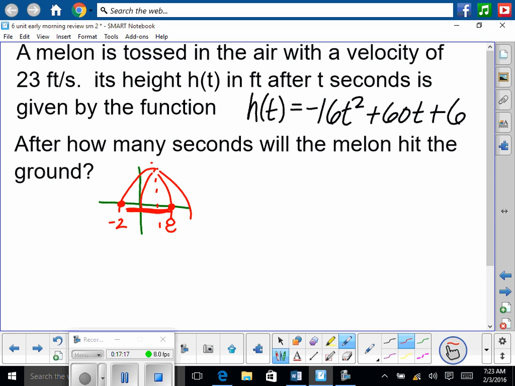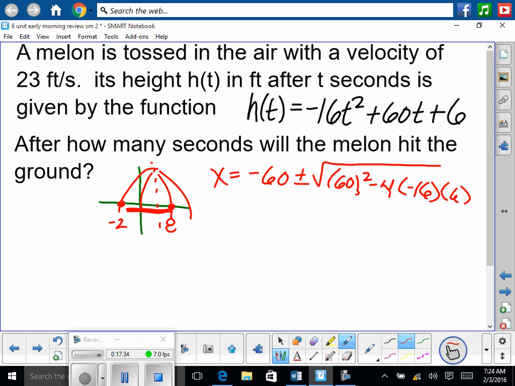But these answers are going to come out hideous. So maybe you'll use the quadratic formula. So x equals -60, right? Opposite of b. Plus or minus the square root of b squared. So 60 squared minus 4 times -16 times 6, a times c, all over 2 times -16. So we should all type that in. We're going to get some hideous decimals.